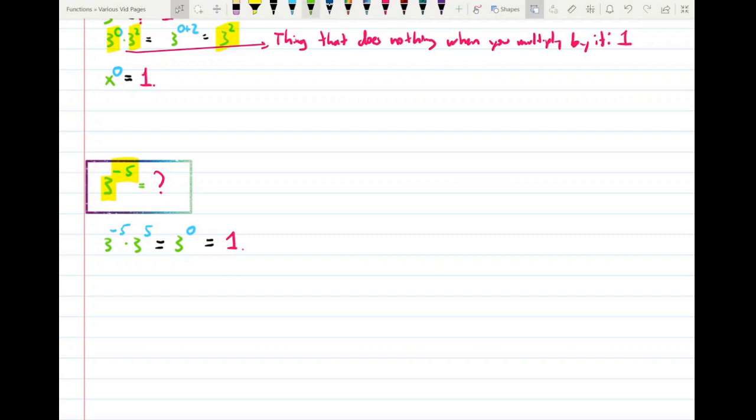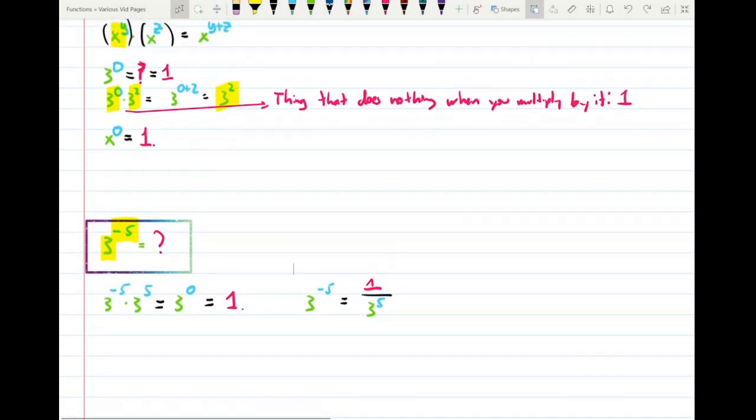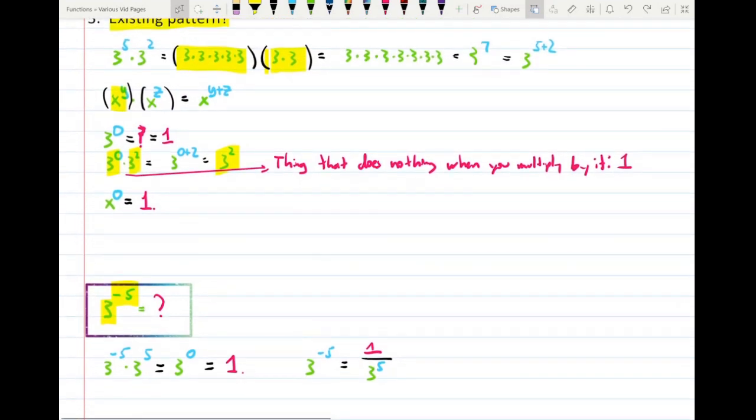Dividing out on both sides, we get that 3 to the minus 5 should equal 1 divided by 3 to the positive 5, or the reciprocal of 3 to the positive 5, because this value is the only one that preserves our existing pattern of adding exponents.